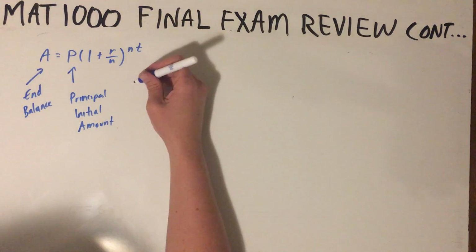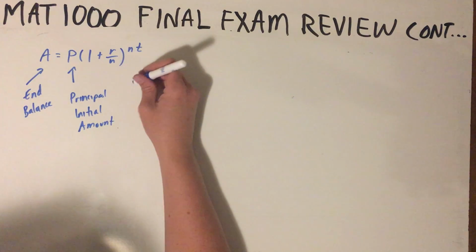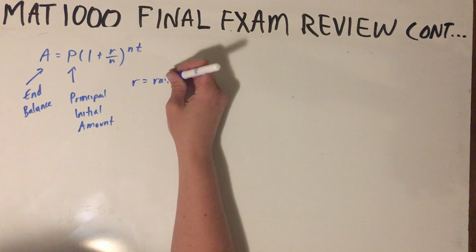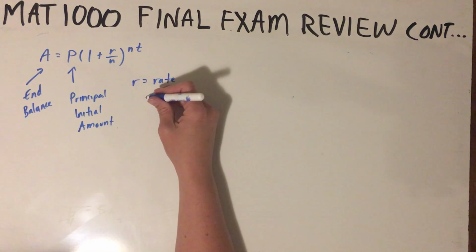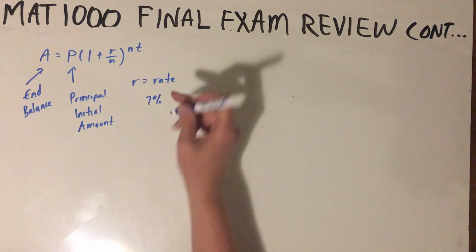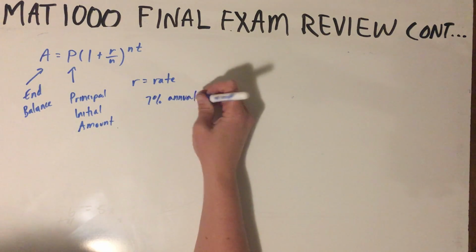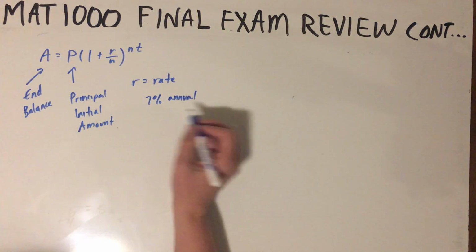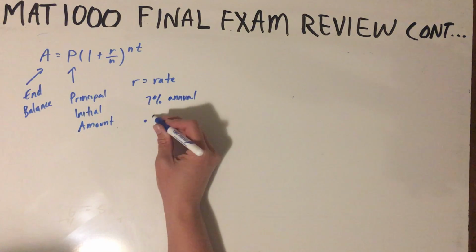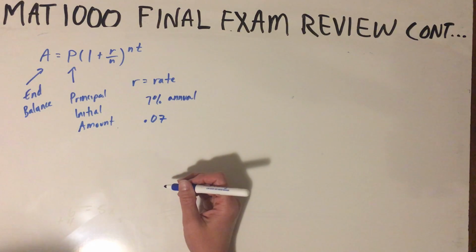Okay, R stands for the rate. The rate will be given to you in percent, and it's always going to be percent annually. But the way I'm going to write the rate is always going to be in decimal.